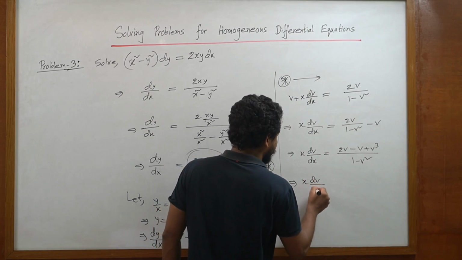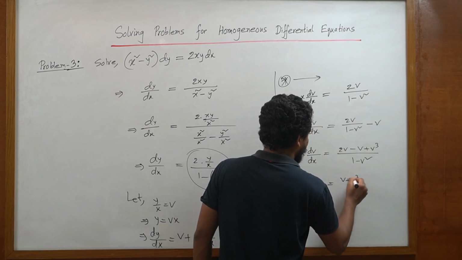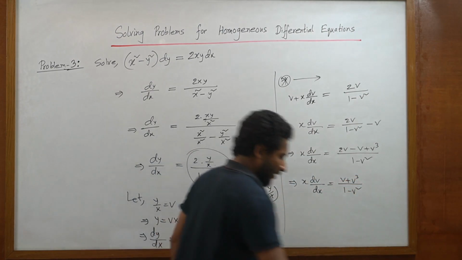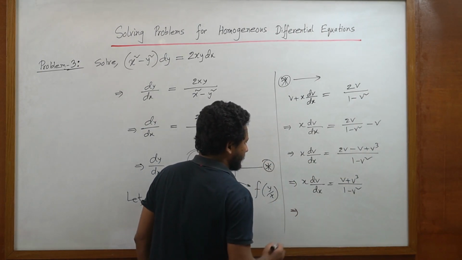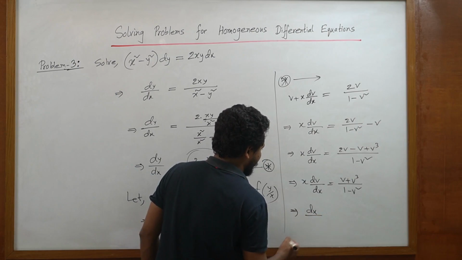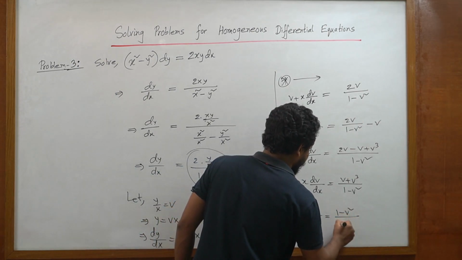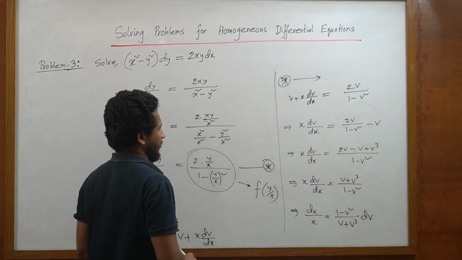So x dv dx equals v plus v cube by 1 minus v square. Okay, now we will get dx by x equals 1 minus v square by v plus v cube dv.